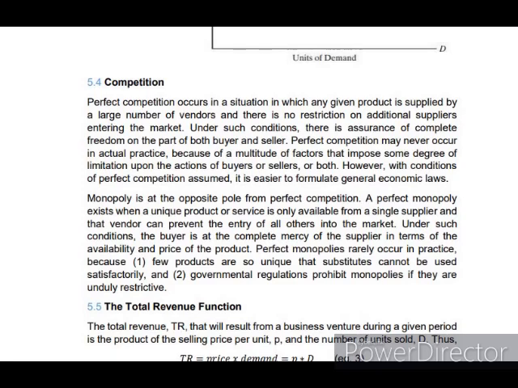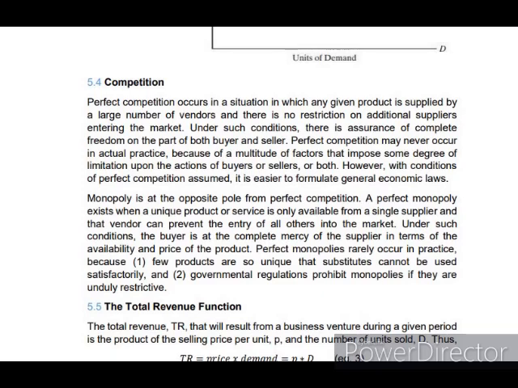So monopoly is the opposite pole from perfect competition. Why? Because a perfect monopoly exists when a unique product or service is only available from a single supplier, and that vendor can prevent the entry of all others into the market.